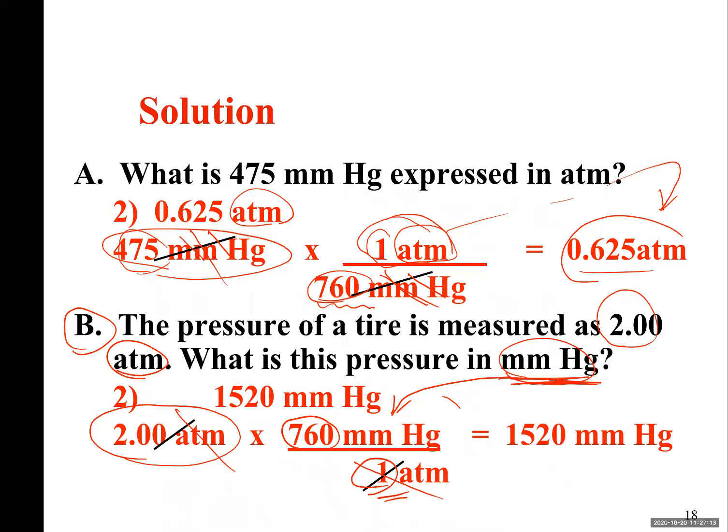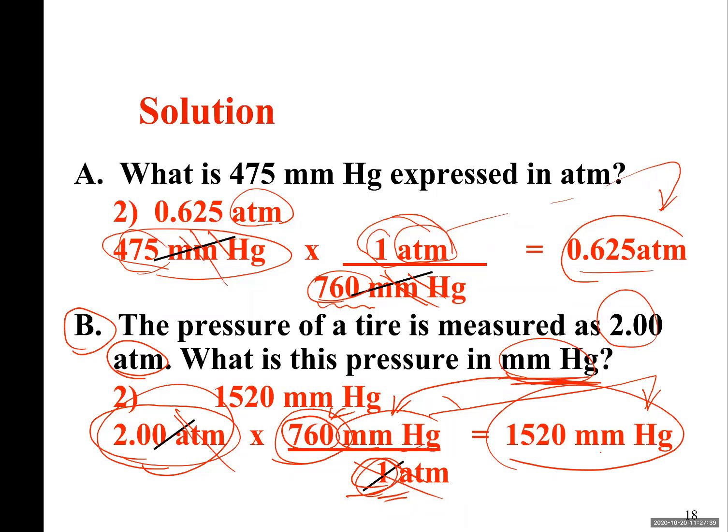Every 1 atmosphere is 760 millimeters of mercury. ATM and ATM are canceling. What is left is millimeters of mercury. That is the unit that the problem was asking. So now, what is the conversion factor suggesting? Take 2, multiply by 760, divide by 1, which is the same number, you get 1520 millimeters of mercury.